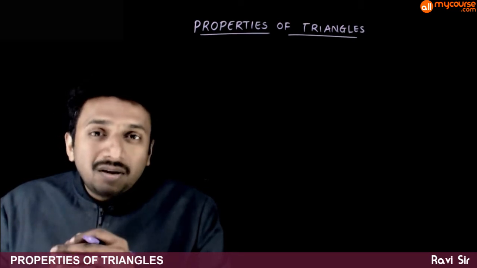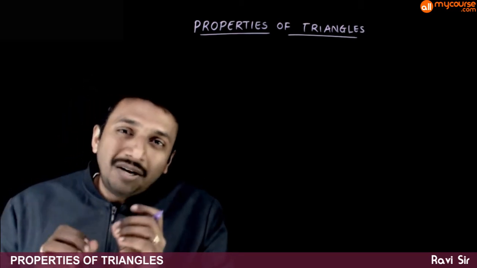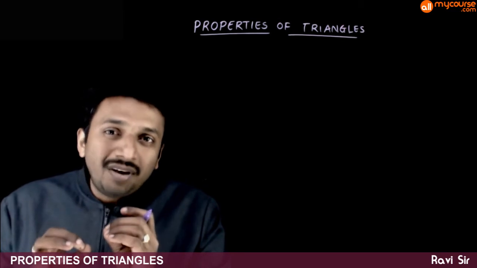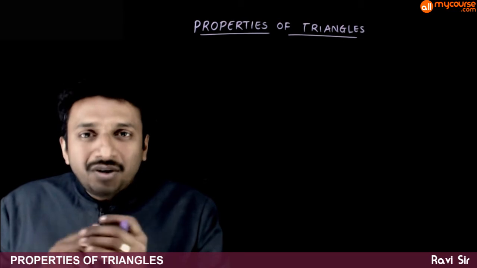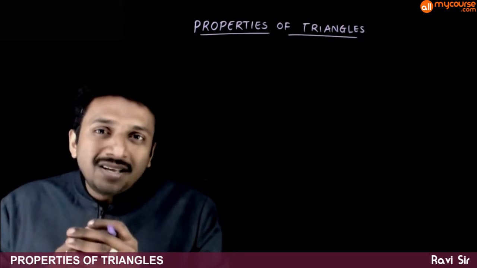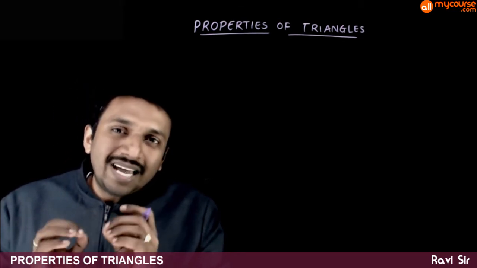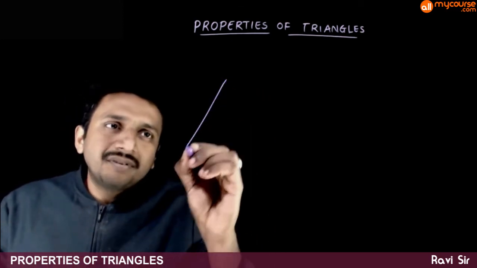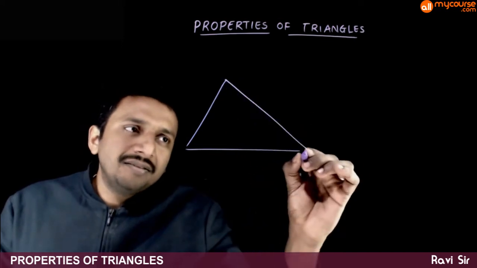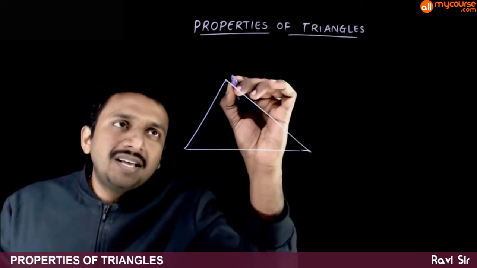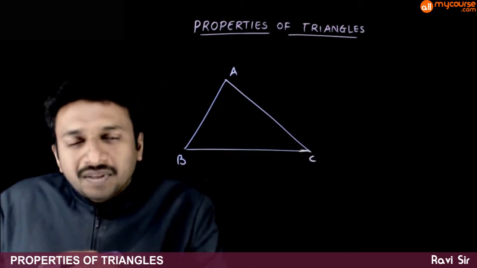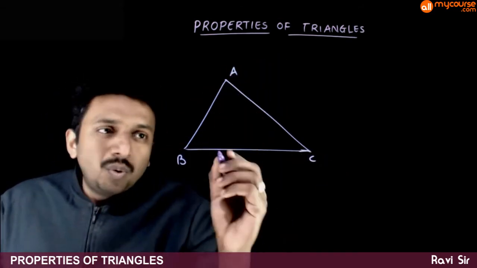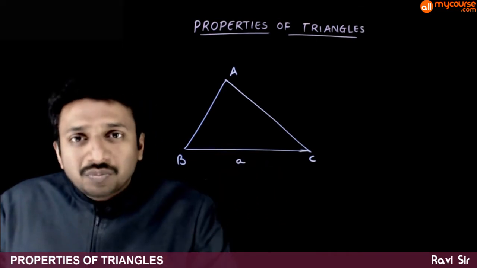In this topic, we try to use the concepts that we have learned till now, that is the concept of trigonometric functions and trigonometric ratios, to find the relations between the sides and angles of a general triangle. So if you have a general triangle, let us say the vertices are A, B and C. The side opposite to vertex A is usually called small a.